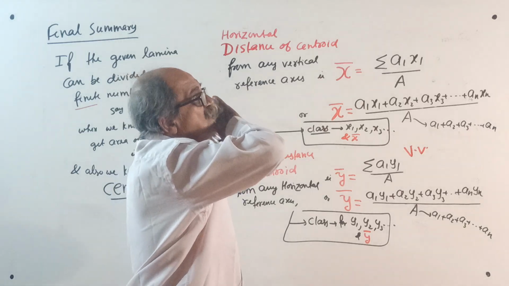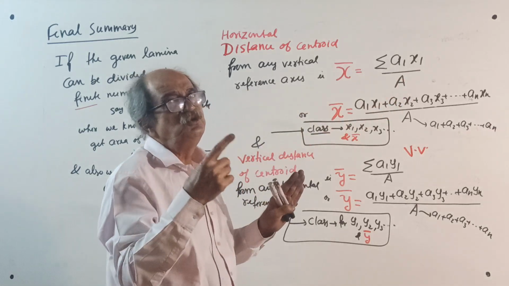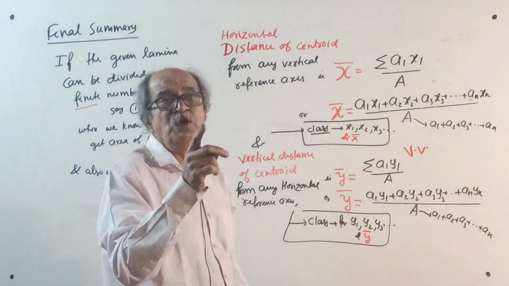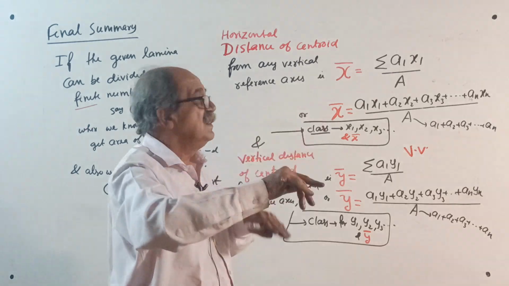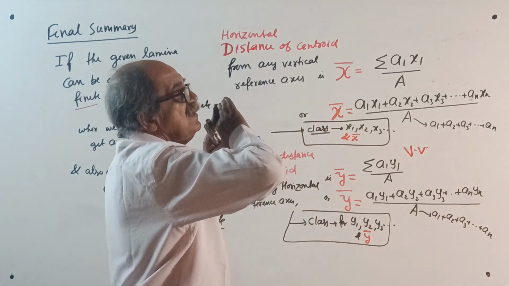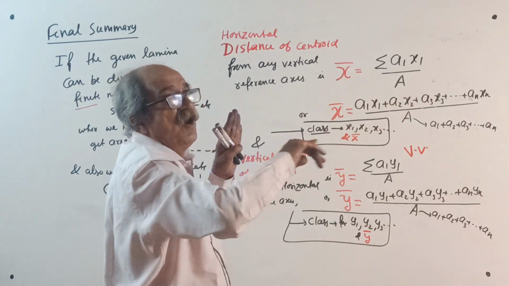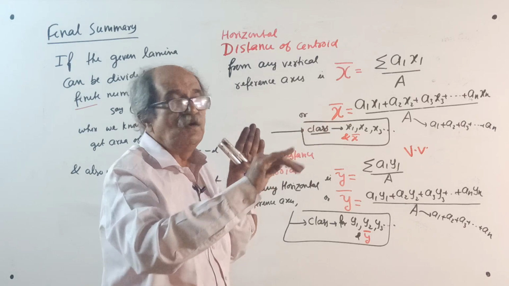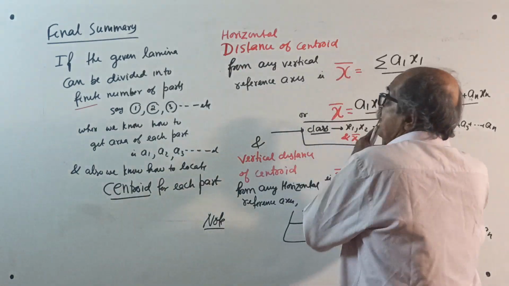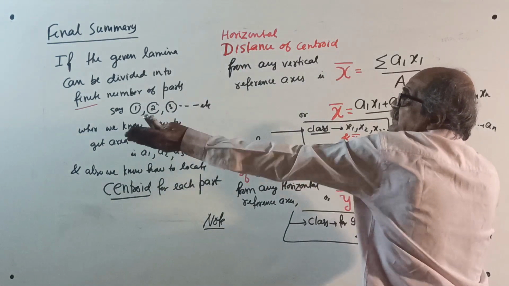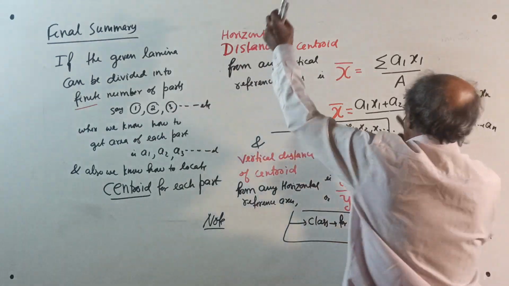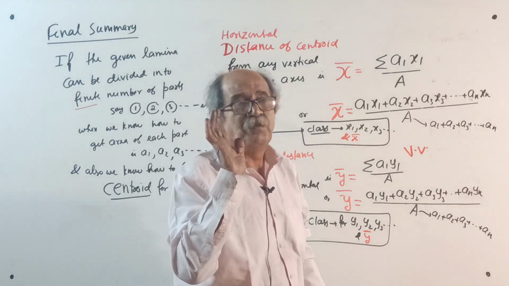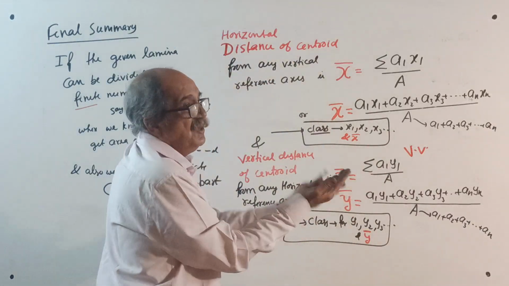You can take x1 to the right side or left side. Usually you take the right side. Then x bar you will also get in the same direction. If you consider x1, x2, x3 all to the right side, x bar also comes to the right side, whereas if you take them to the left side, x bar also will be on the left side. Very, very important.